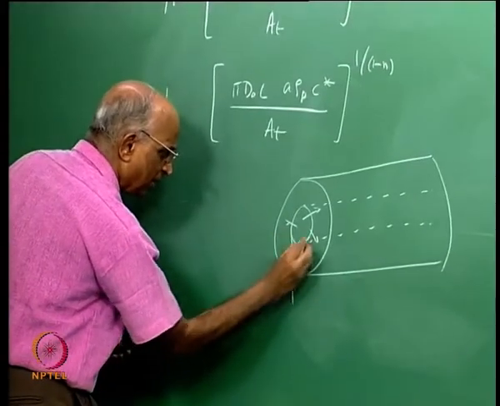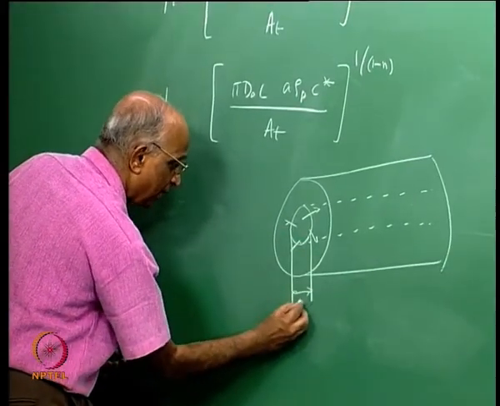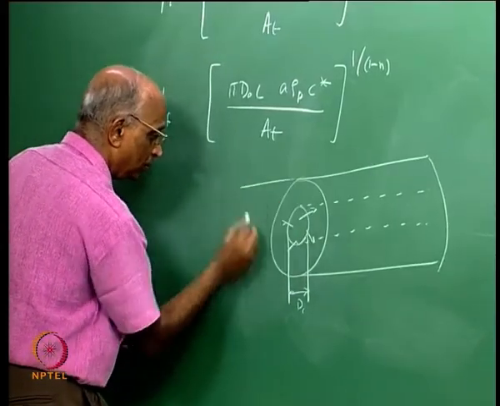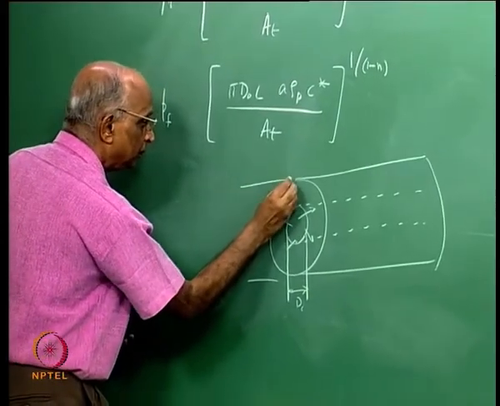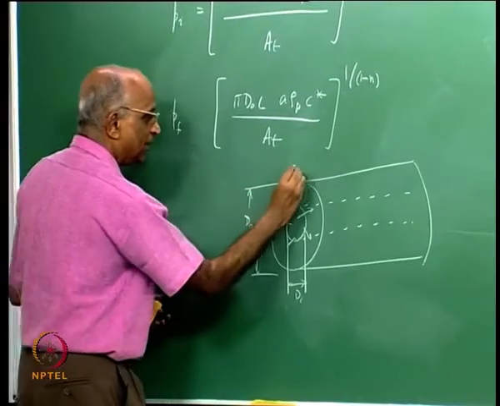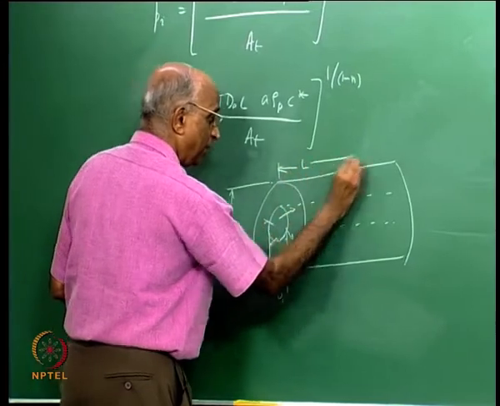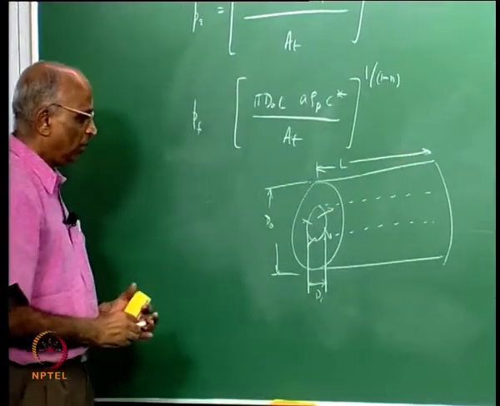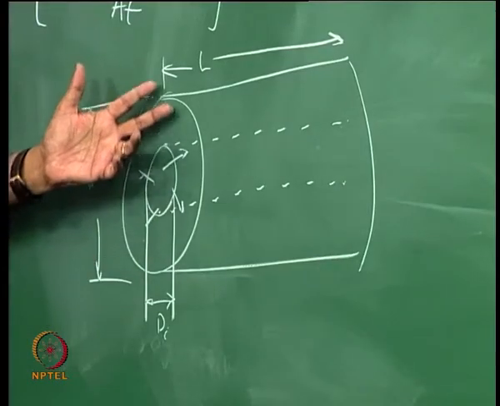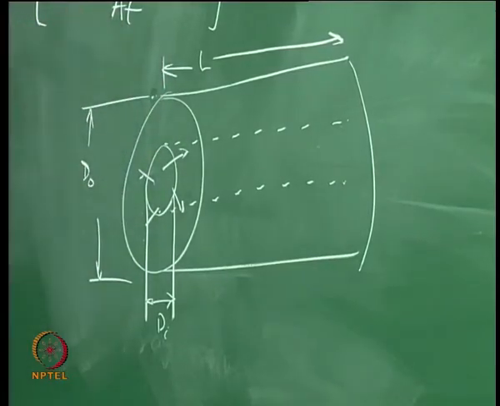The inner diameter is, let us say, d_i as I have written here, the outer diameter is d_o, and the length is L. Mind you, I am repeating this figure. The question is, can I predict how the pressure will change with time, and how do I do it?